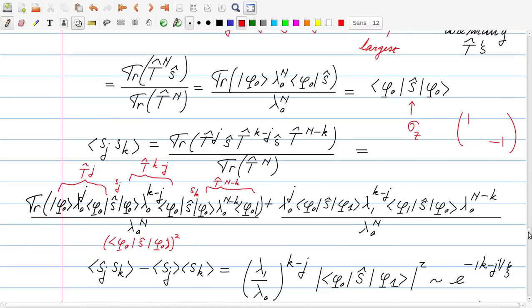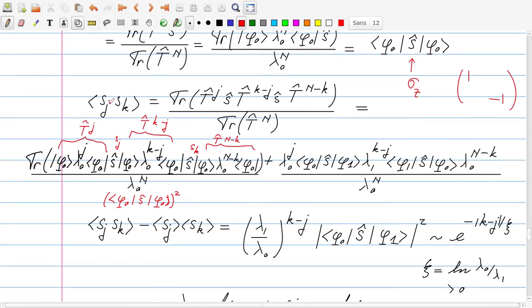So the first term in working out this expectation value cancels against the expectation value of spin j times the expectation value of spin k. So this will give a 0. So this term is cancelled by this term.